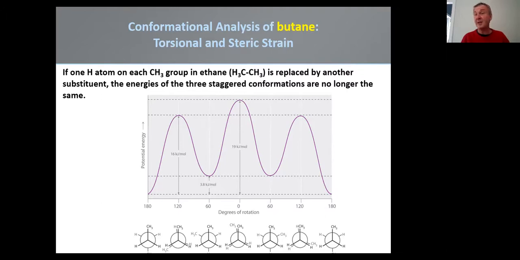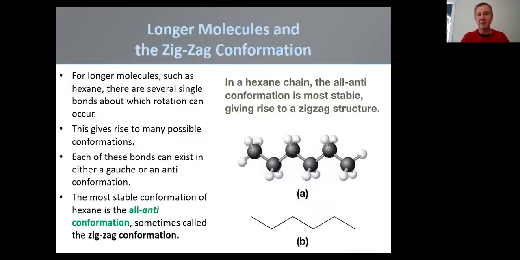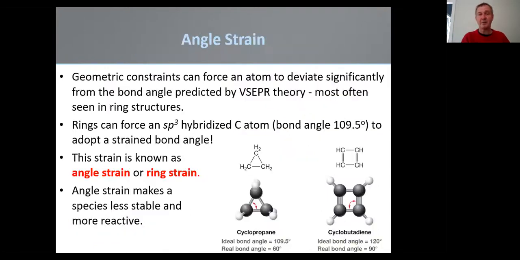Gauche is bad. Gauche staggered is much worse than anti-staggered. And then you go to the eclipsing butane, that cis sort of conformation, and you see how much energy is required there.